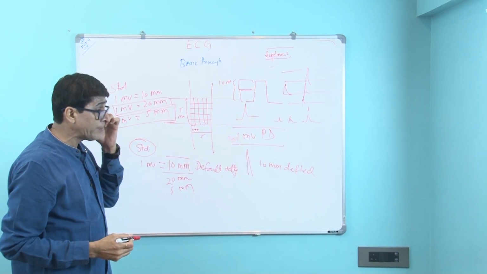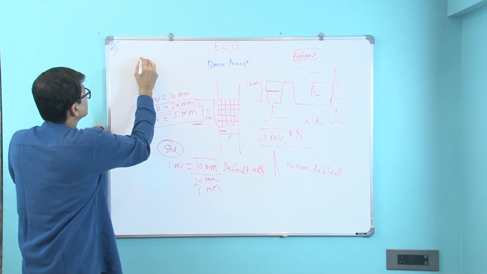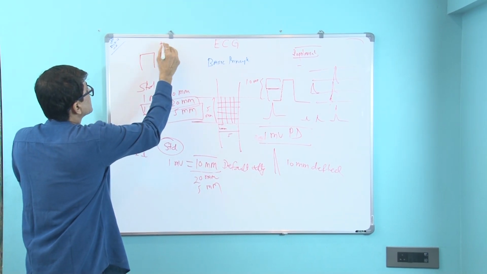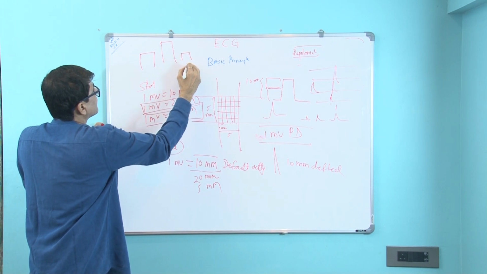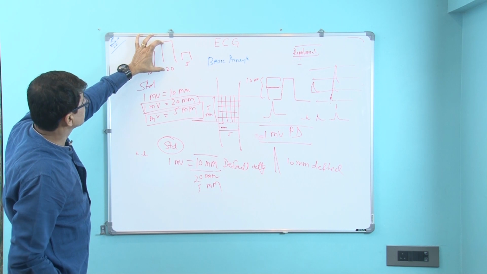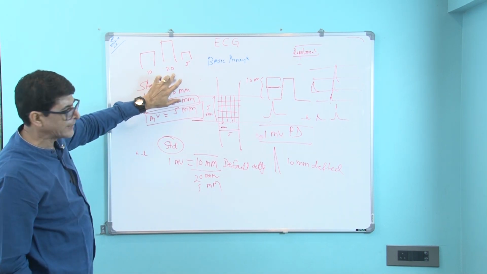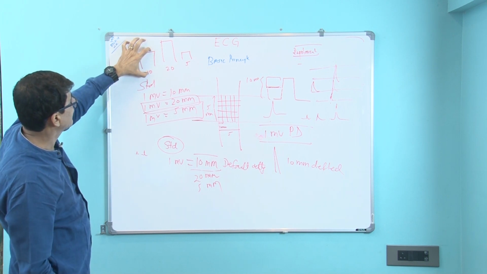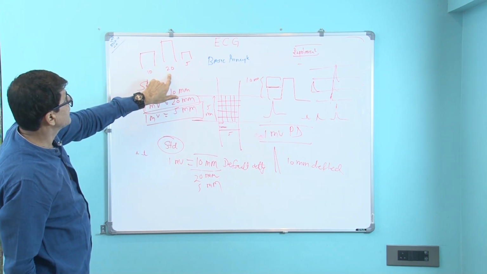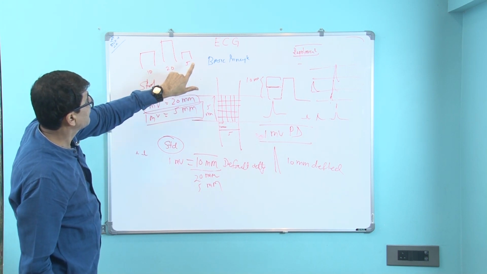While interpreting, you know that first you set 10, then this is 20 and this is 5. When you put this 20, you have to do a manual setting, not auto. Auto is always by default 10. So, manually 20 millimeter per millivolt, here 5 millimeter per millivolt.